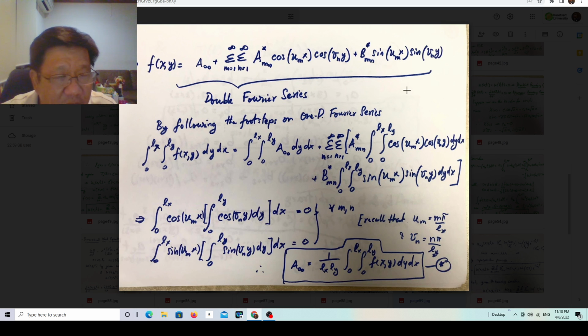And in the same way, if you follow the footsteps of the one-dimensional Fourier series, in this case I simplify to make it easy for you. For the first dimension Fourier series, we replace x and y, there's no y, we replace the x domain by the t domain.